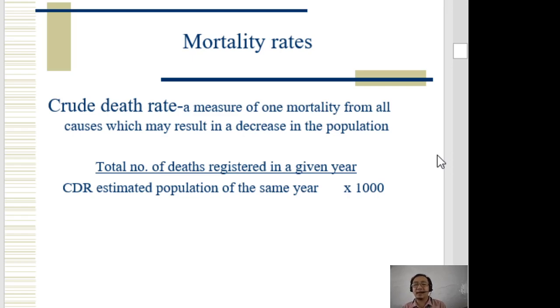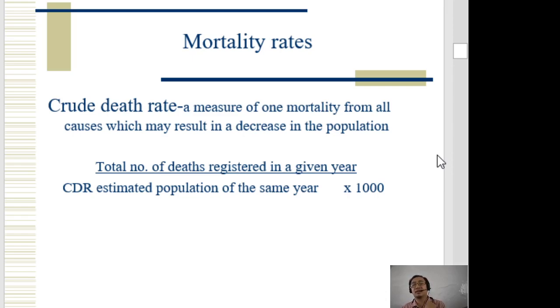Again, it is crude because everybody is affected. It refers to the total population. Crude death rate has a formula: total number of deaths registered in the given year divided by the estimated population of the same year, or your mid-year population, times 1,000.